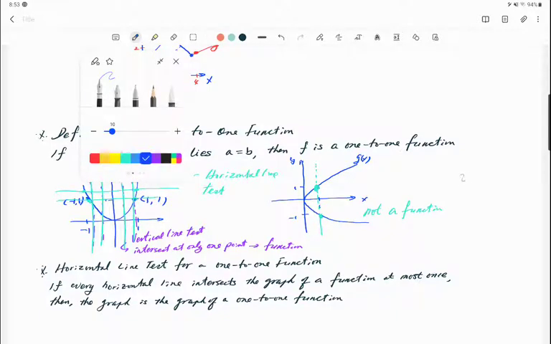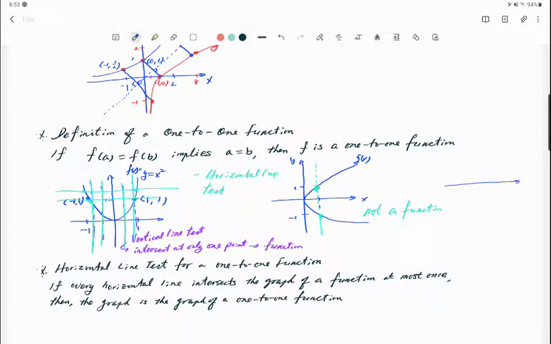Okay, let me check it again. Let me graph this. Something like this. Sorry, y equals x cubed. Then the vertical line test: this is a function because the vertical line has only one intersection. Even the horizontal line, each horizontal line has one intersection, right?